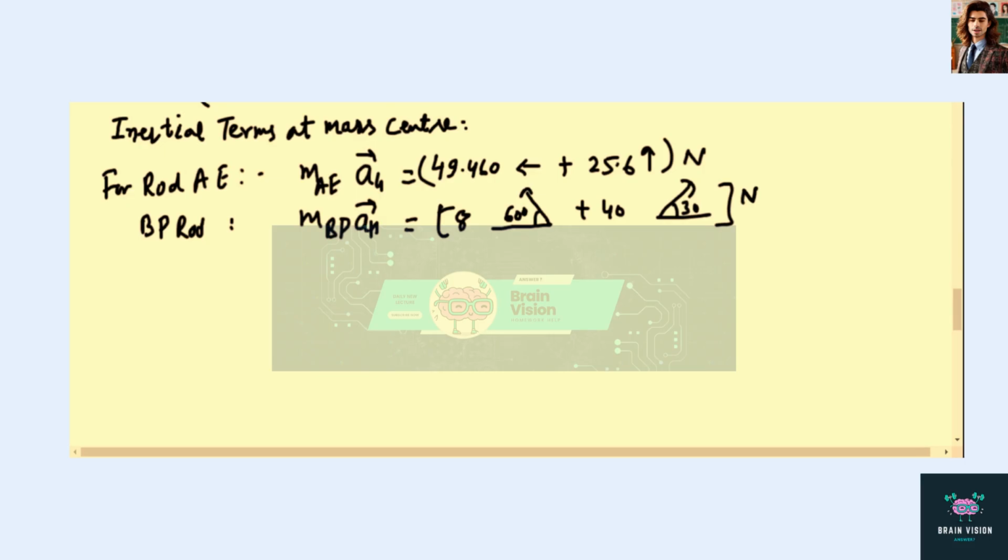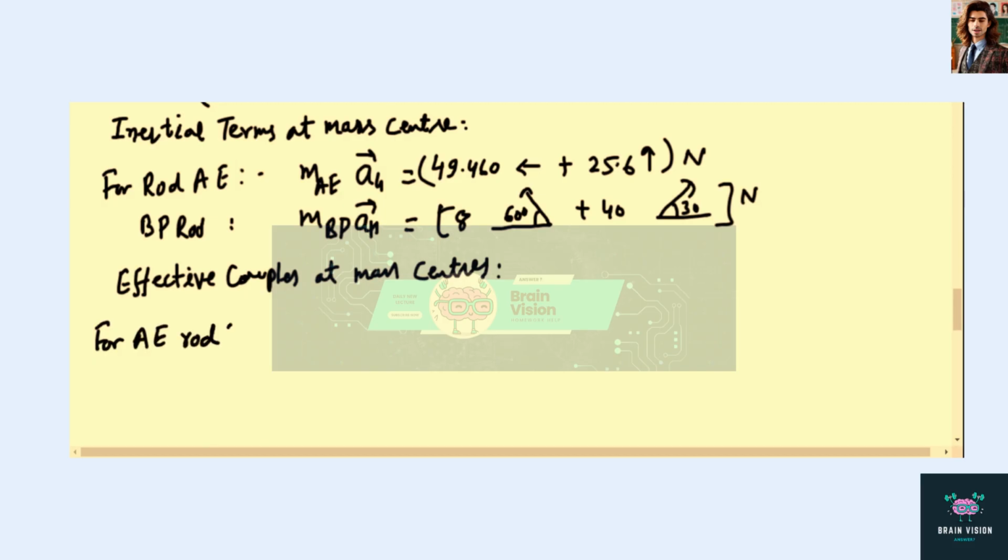Effective couple at mass centers. We can measure effective couple about the mass center. First, for AE rod, it will be moment of inertia of AE into angular acceleration.